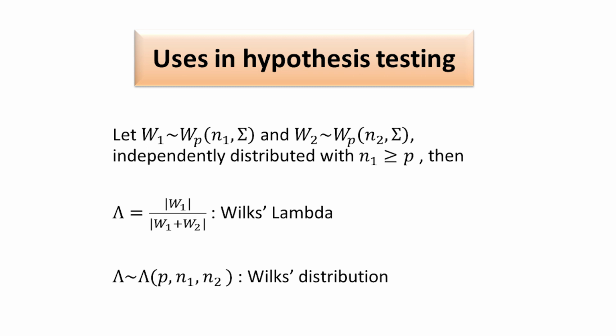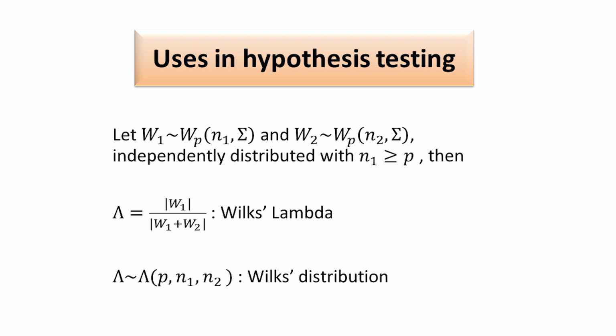Let us suppose that M1 and M2 are two independently distributed Wishart matrices where M1 is distributed as Wishart P, N1, sigma and M2 is distributed as Wishart P, N2, sigma.